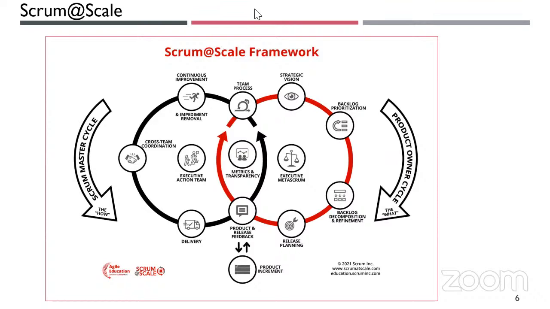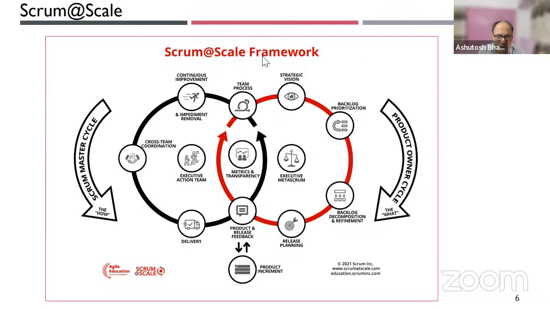You start with team level agility, and then you implement it at a program level and a portfolio level. So you basically have some additional layers and additional structures which are created in the Scrum at Scale framework. On the left-hand side, you see the Scrum Master cycle, which talks about some of the critical activities a Scrum Master would be doing.